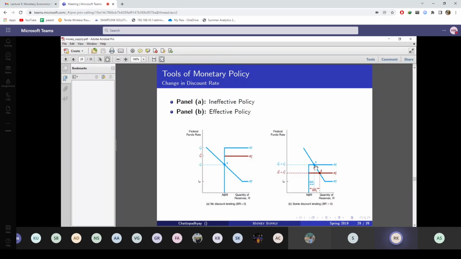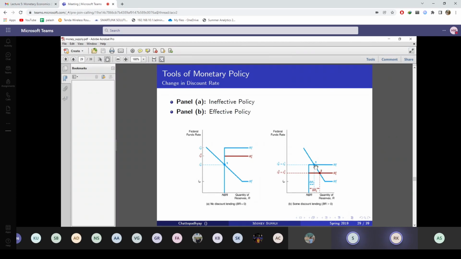My initial equilibrium of reserves demand and reserve supply is at point 1, where the interest rate is exactly equal to the discount rate. Then I reduce my discount rate. The horizontal part of my reserve supply actually shifts down. My reserves rise. I have more borrowing now as borrowed reserves. 0 to NBR is my non-borrowed reserves.